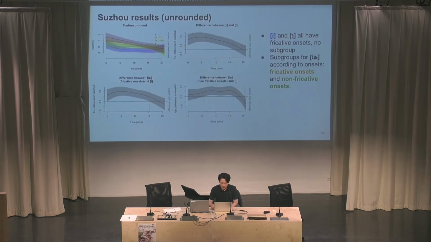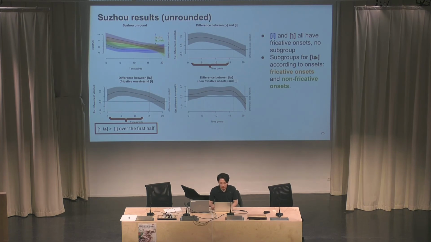Similar to Jixi, the Suzhou apical vowel and laminal vowel also contain more frication than the high front vowel E. We can see that in the fitted values, the apical vowel and the laminal vowels preceded by fricative onsets contain significantly more frication noise. This point can also be seen from the 2 fitted values here.